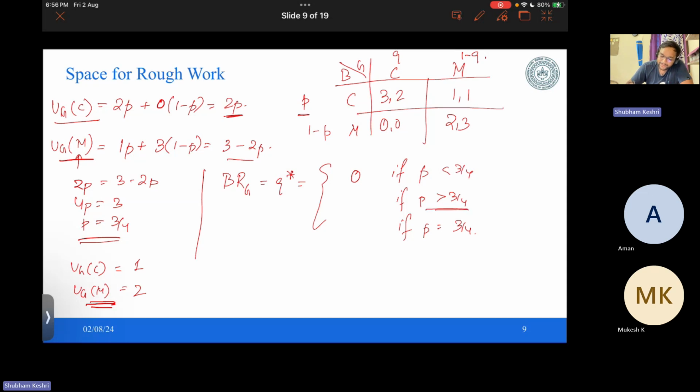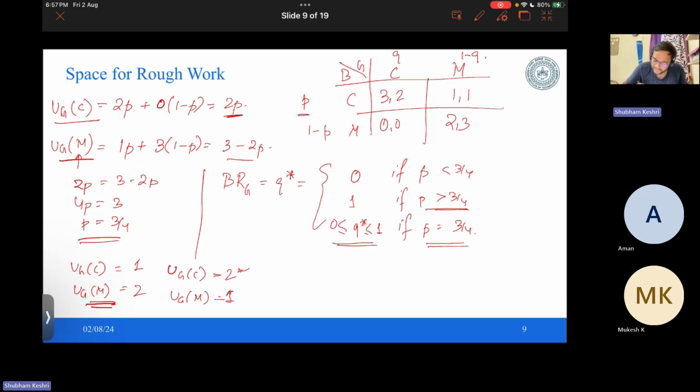When P is greater than 3 by 4, suppose we take 1 for simplicity to understand what is happening. This will become 2 and this will become 1. In that case, the girl will always go for cricket because her utility for cricket is higher. And when the boy is playing 3 by 4 as the strategy, the girl will be indifferent between playing any value between 0 and 1. She can take any value.